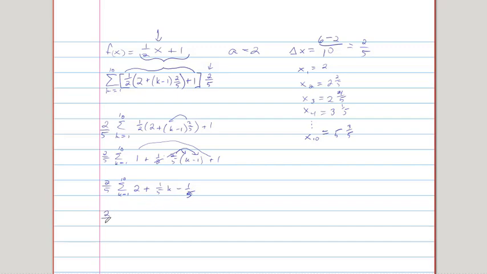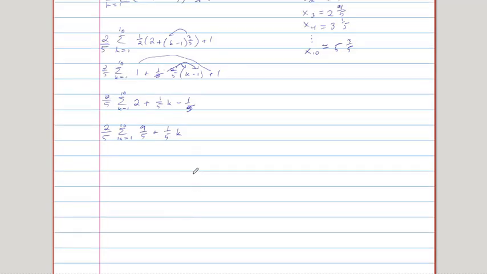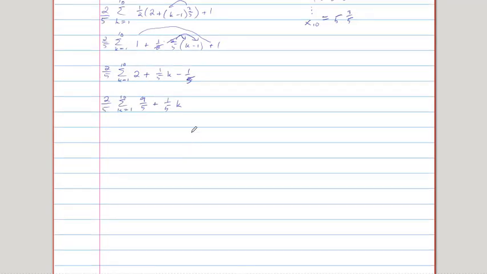So things are looking better. k equals 1 to 10. That's going to be 10/5 minus 1/5, which is 9/5, plus 1/5 k. Alright, for this next step, I'm going to be a little overly careful, but I'll skip this in the future.